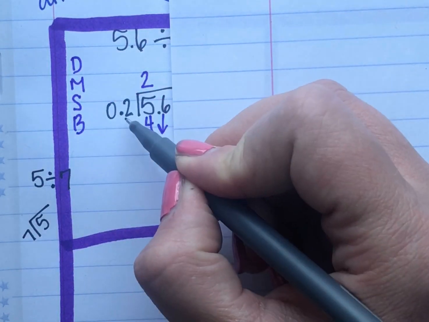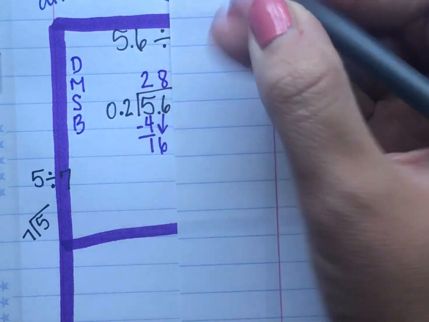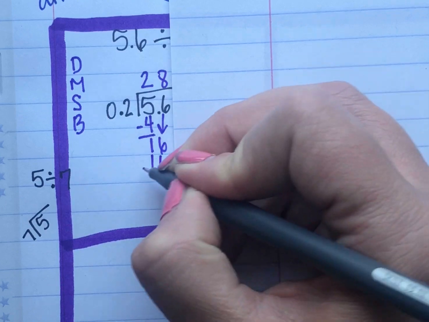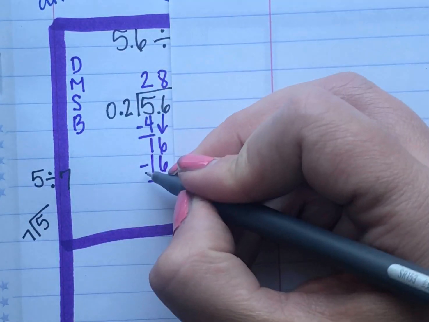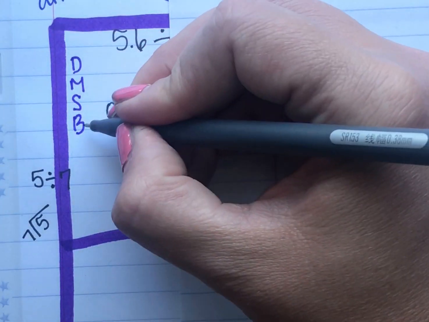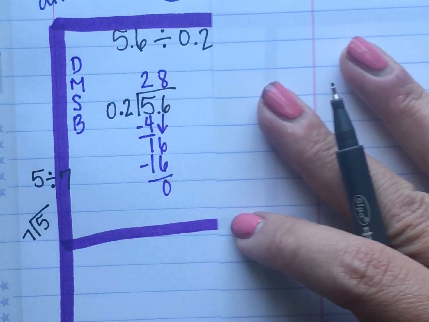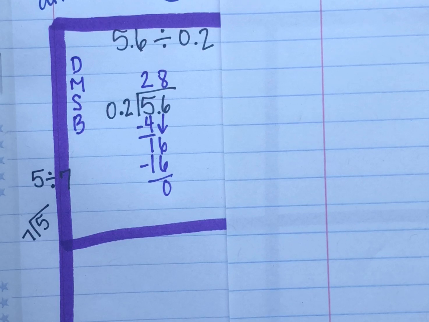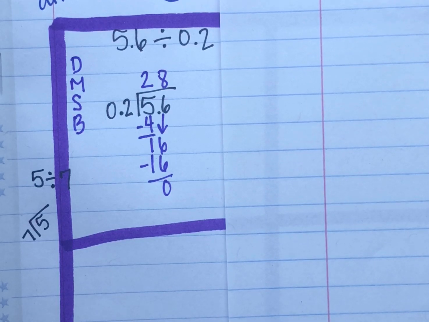I'm going to divide. 2 goes into 16 8 times. Multiply. 8 times 2 is 16. Subtract. Bring down would be my next step, but if I slide over, there's nothing to bring down, which is great. So that means my division problem is done, but I do have to move my decimal.